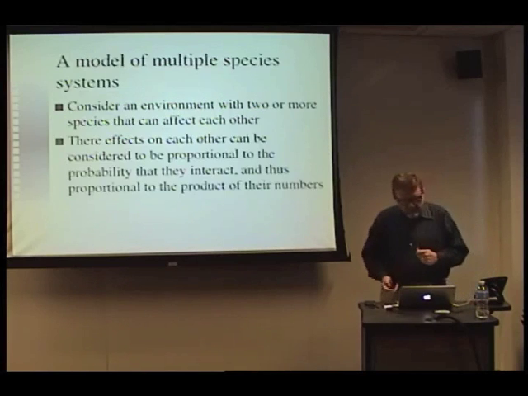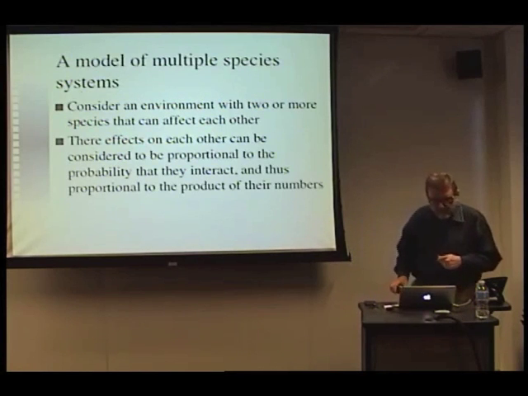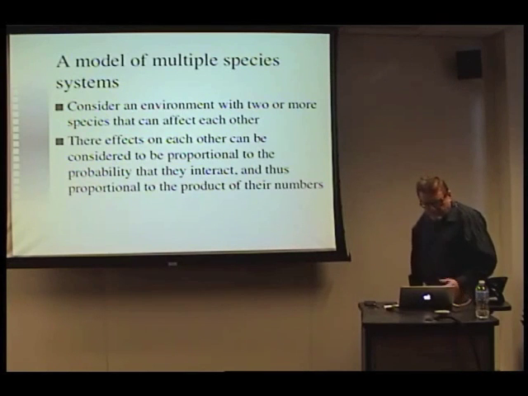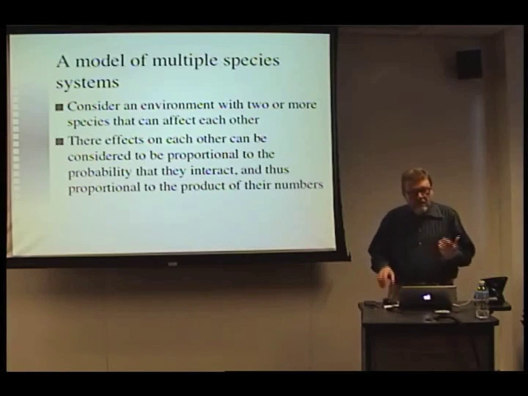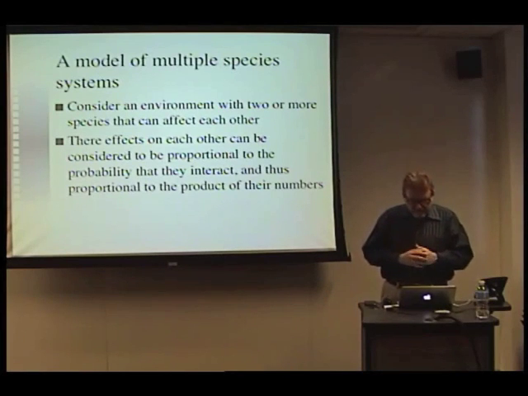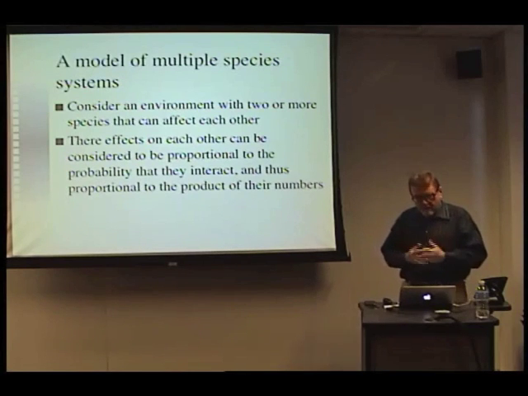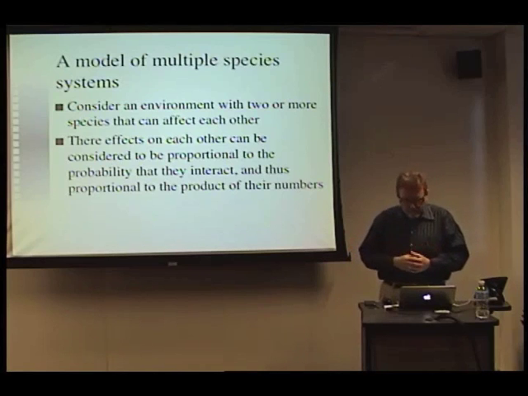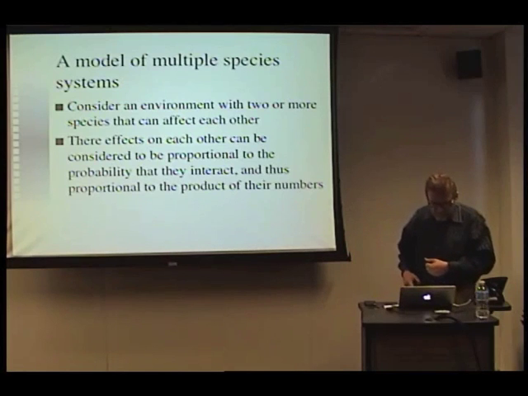So now we're going to consider an actual system, just like we did for the insects before. We're going to consider another classic system. And this is a system in which we have two species, and the species interact with each other. Okay? The most common way of thinking of this is that we have one species that is a predator for the other species.